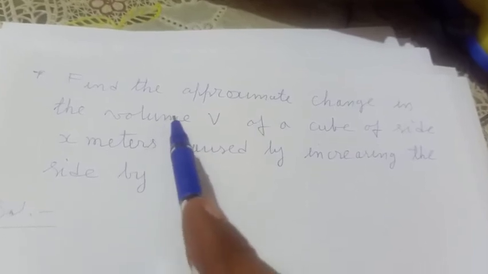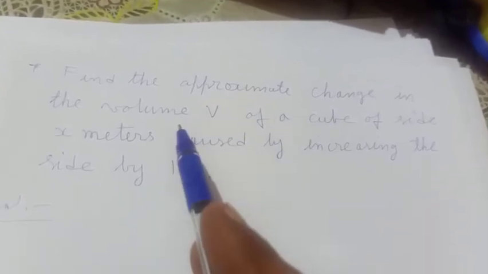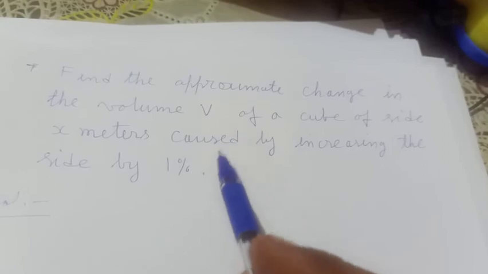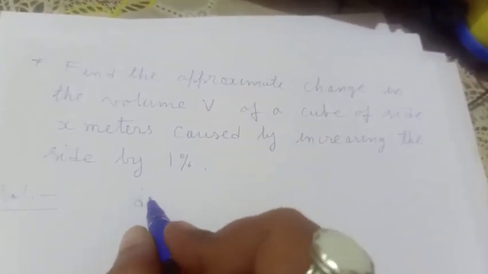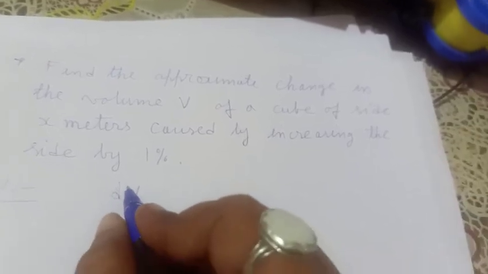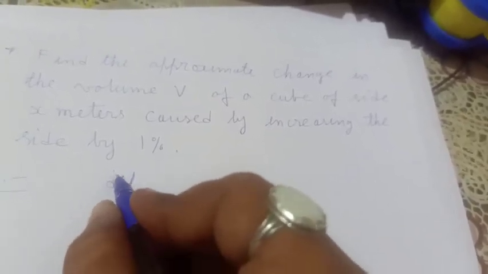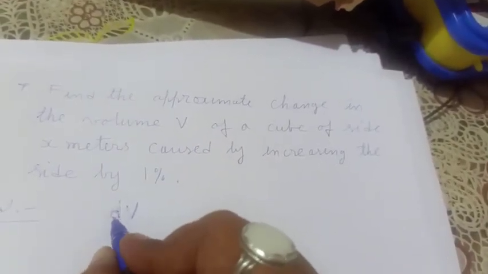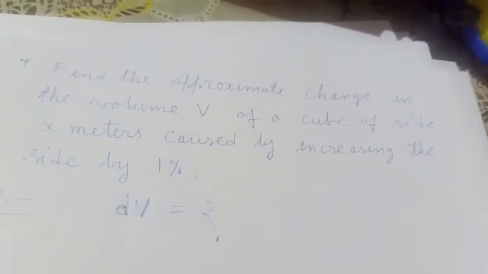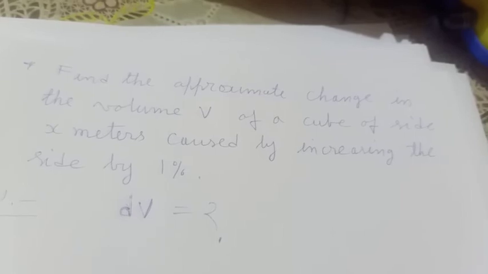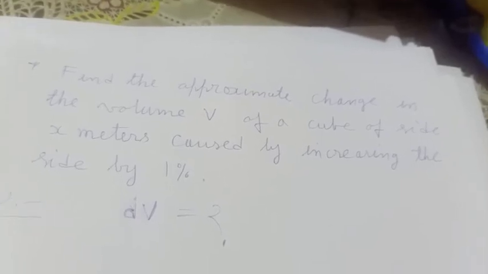What we have to find is the approximate change in the volume V of a cube. So we have to find the value of dV, the change in volume V. dV is the unknown quantity that we have to find, and the volume is of a cube of side x meter.